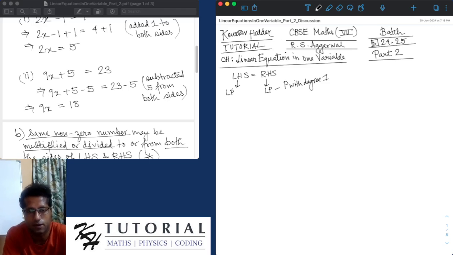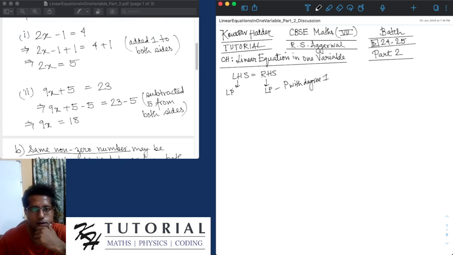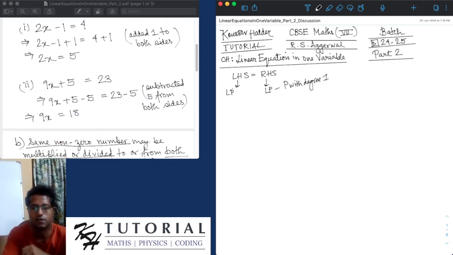Here we subtracted 5 from both the LHS and RHS. So the equation becomes 9x plus 5 minus 5 equals 23 minus 5, and when we simplify that, it becomes 9x equals 18. So you can add or subtract the same non-zero number to both LHS and RHS, and the equality is not affected.